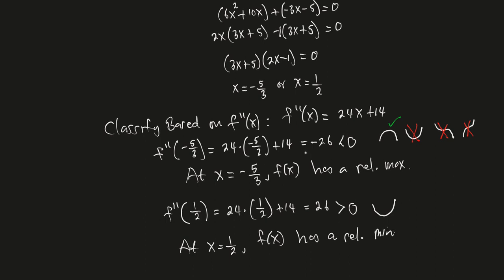So I would say that this second derivative test is rather efficient, especially if it's fairly easy to compute the second derivative. If your second derivative is going to be a mess, it might not be the most efficient thing. Maybe it would be easier to just use our number line approach and apply the first derivative test. But in general, you have a choice. You have two methods now of classifying these relative extrema.